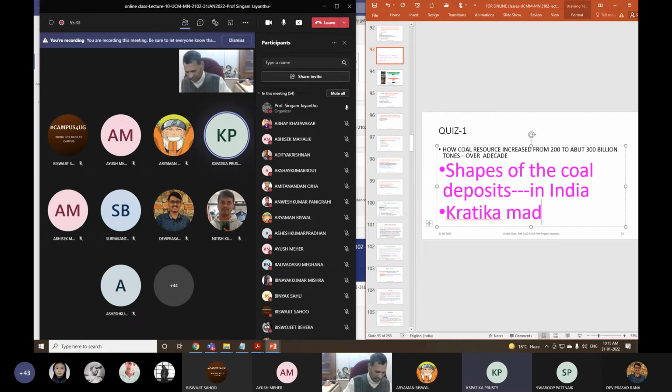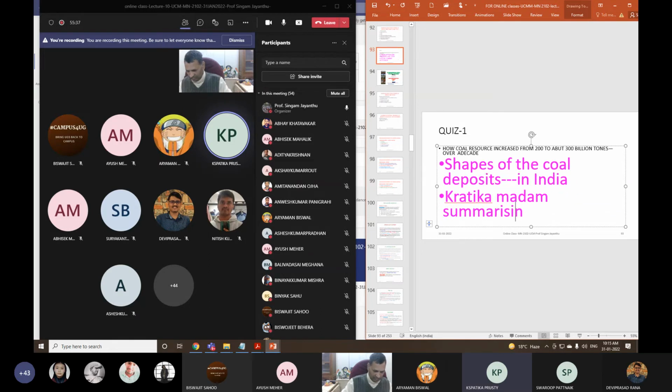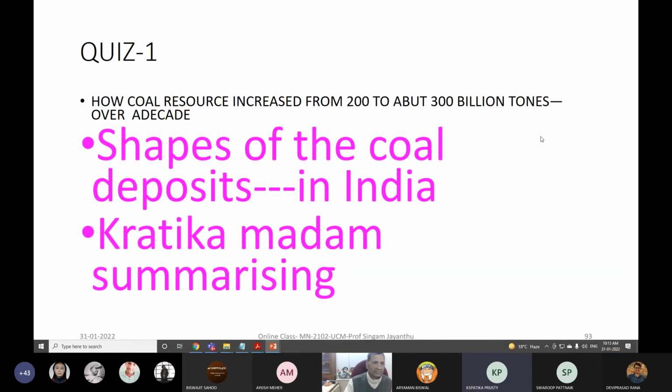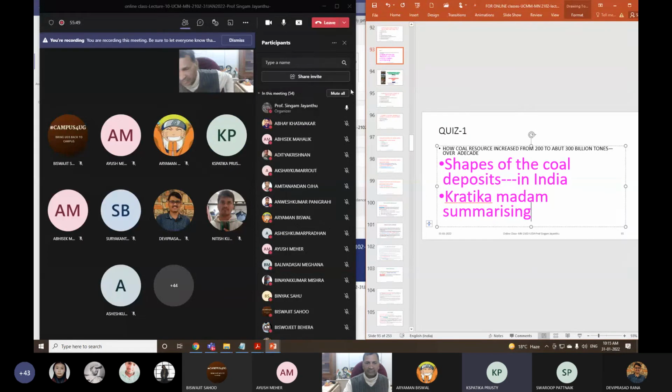In India, the thickest seam is in Singrauli, that is around 162 meter, and the world's thickest coal seam is around 230.73 meter, and that is in Australia. Then we went to the gradient of the seam.